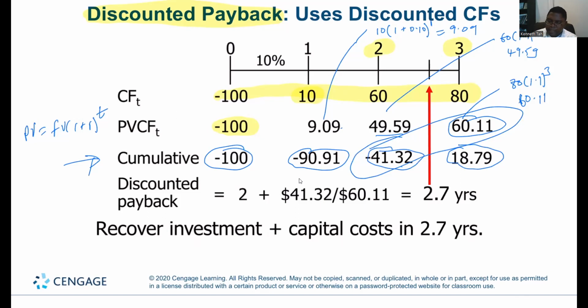So if we do that, the discounted payback is going to be 2.7 years. So that is how we use discounted payback. And the project with the shortest discounted payback is the project that we are going to select.